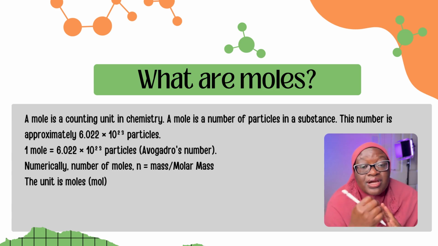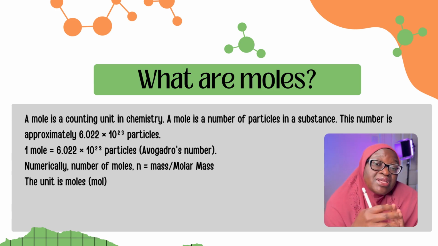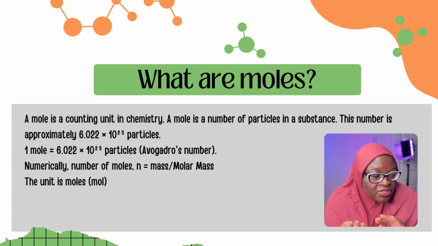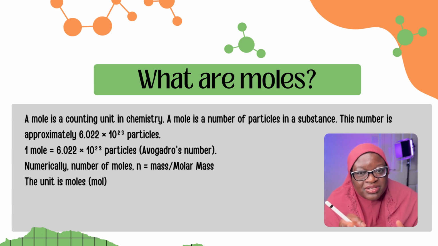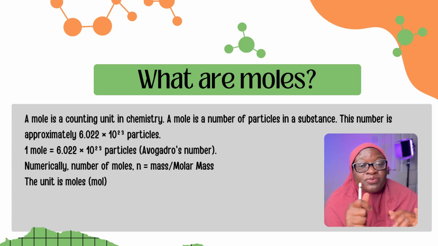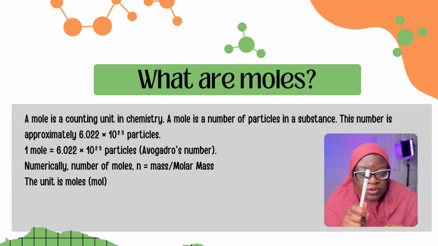So what are moles? A mole is a unit of measure in chemistry, and it is the number of particles in a particular substance. So the number of particles you have in whether an element, an atom, or a molecule refers to 1 mole of that substance.